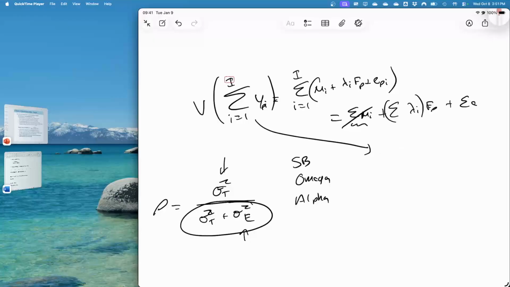And so what we end up getting here is the sum of lambda i squared times the variance of the factor, right? Because this factor is the variable, and anytime we multiply a variable by a constant, we have to square that constant. And then over here, we have the variance of error by itself.